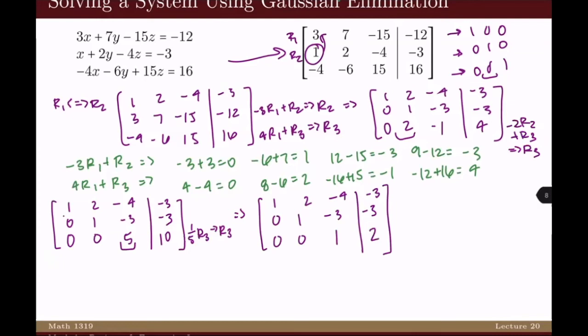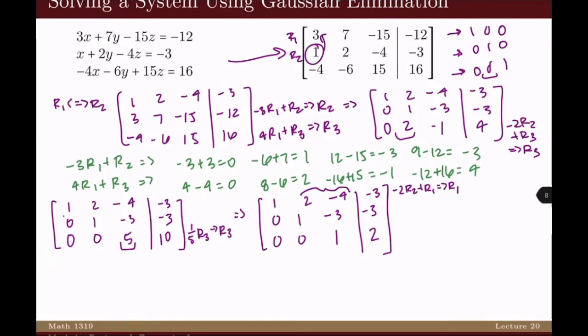All right, next I can start to make these 0. So I can do -2 row 2 plus row 1 is my new row 1.